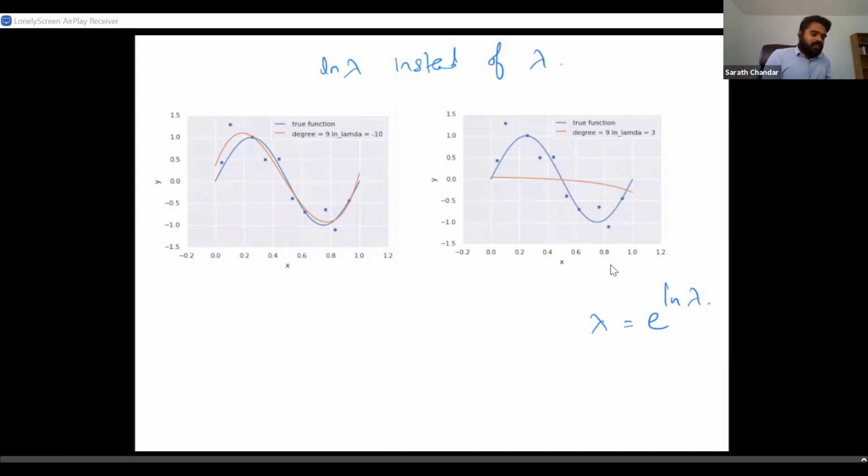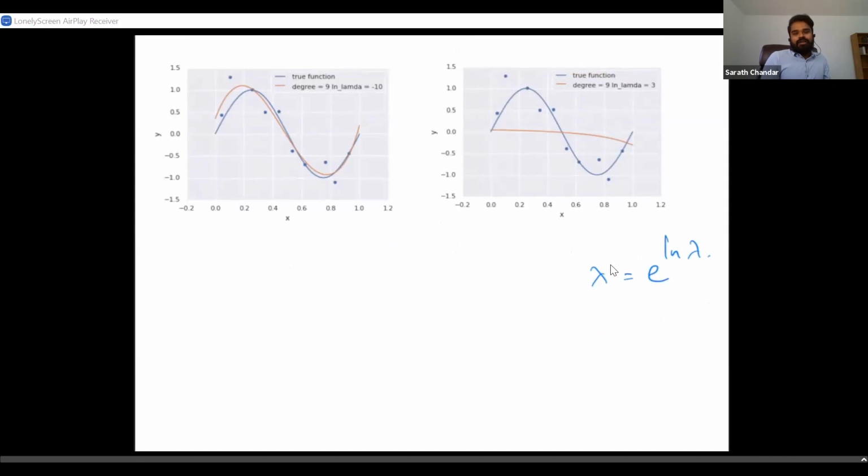So now you can see that when I have some strong coefficient, as I increase the value of lambda, the solution goes close to a linear solution, right? On the other hand, with the right value of lambda, we can actually get a reasonable function which looks like the sine curve.